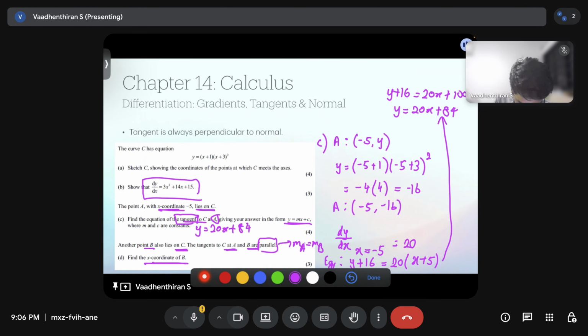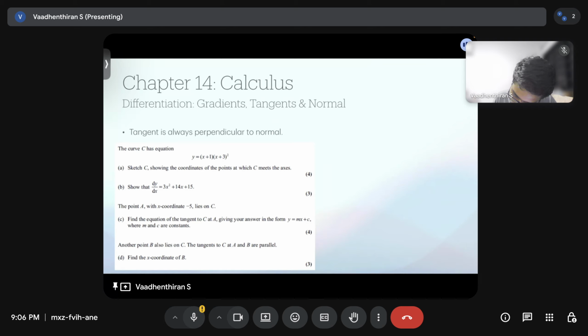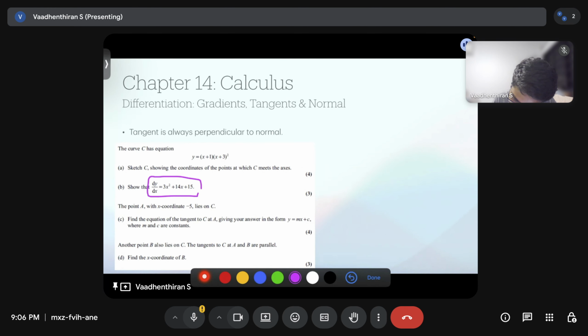So what's the gradient of A? We've got it as 20. So you use the 20 as it is for B too. You can just substitute again with the formula, because the formula is already given for the gradient. So dy over dx, this is part D, equals 3x squared plus 14x plus 15.